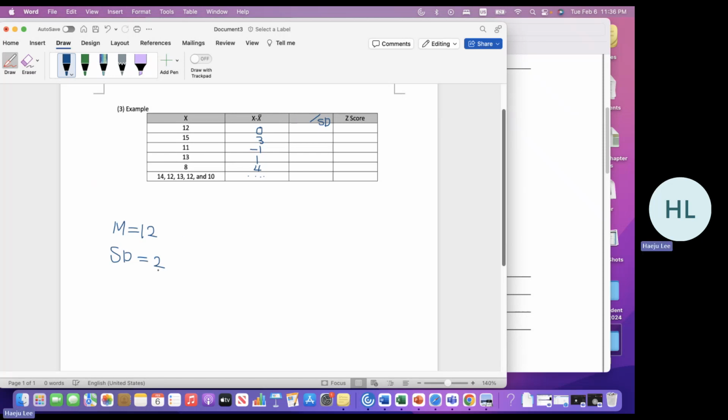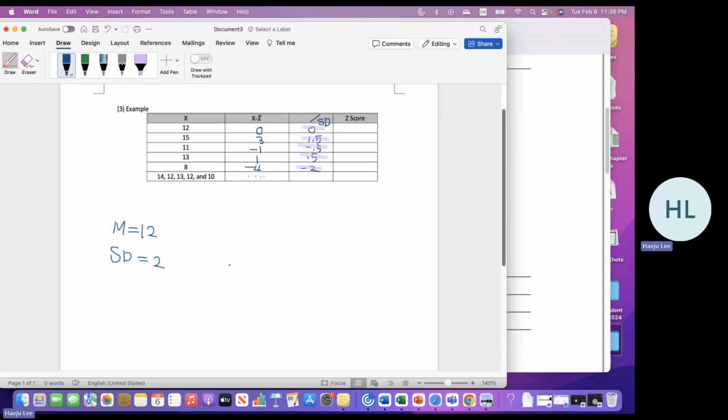So 0 divided by 2 is 0, and 3 divided by 2 is 1.5, and minus 0.5, 0.5, and minus 2. Those numbers are the G-scores.